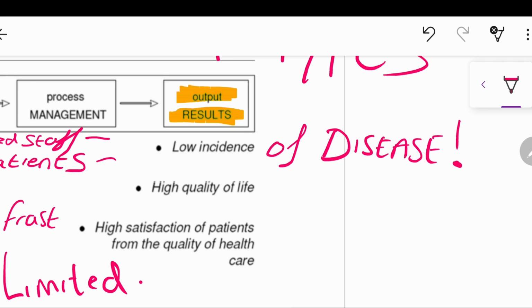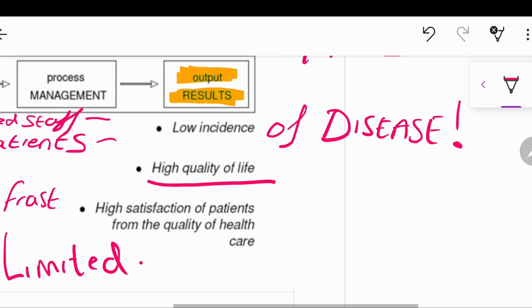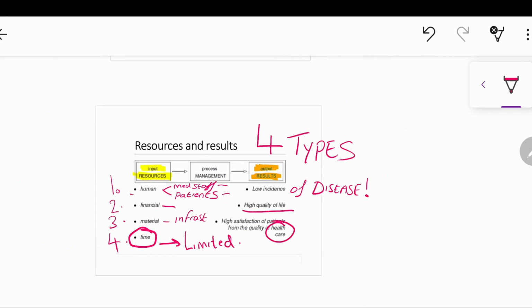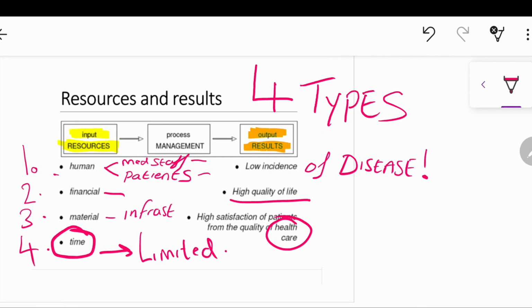We want a higher quality of life for our workers, and we want higher patient satisfaction within our healthcare. For input resources and our output, our results, we want low incidence of disease for the patients, high quality of life for the patients, high satisfaction of the healthcare.